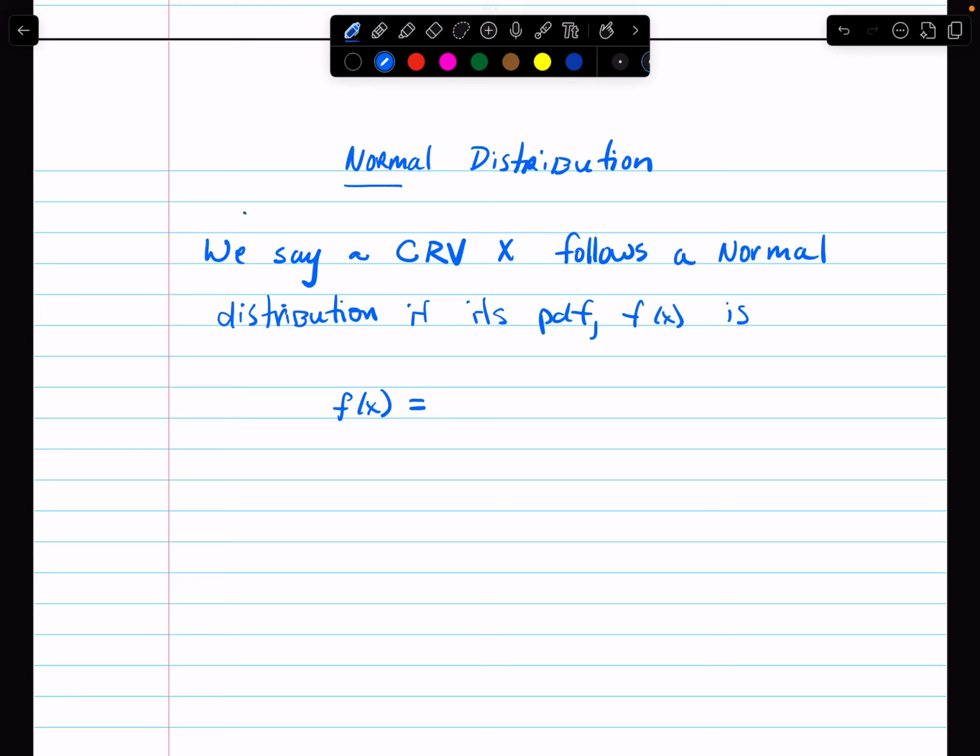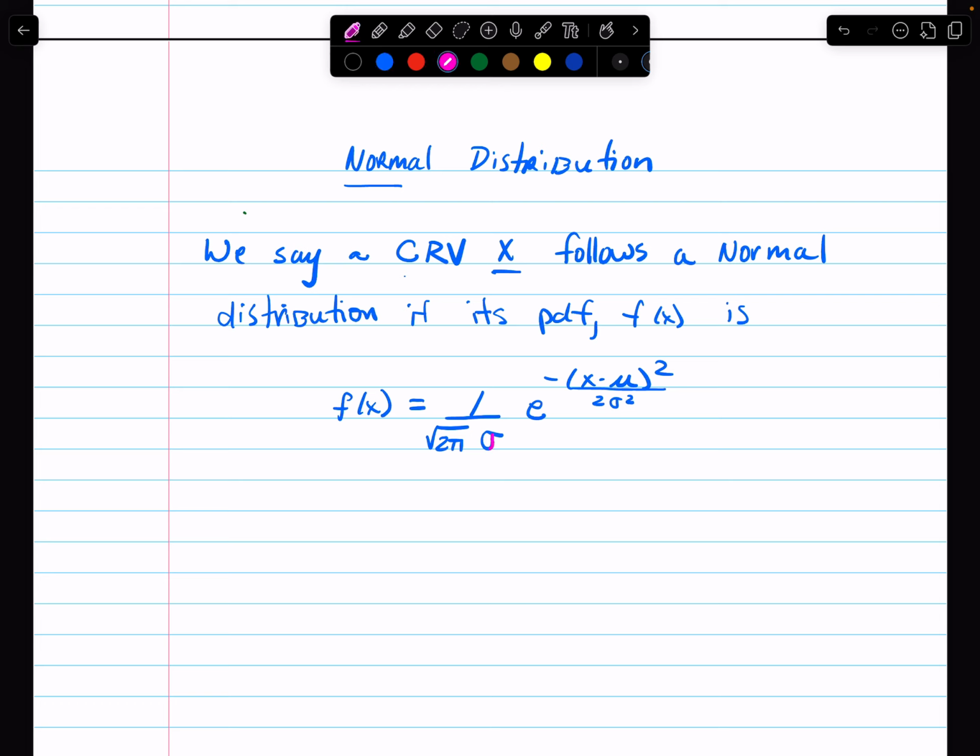Let's talk about the normal distribution, one of the most important distributions. We say a continuous random variable X follows a normal distribution if its PDF f is equal to 1 over the square root of 2 pi sigma e to the negative (x minus mu) squared over 2 sigma squared.